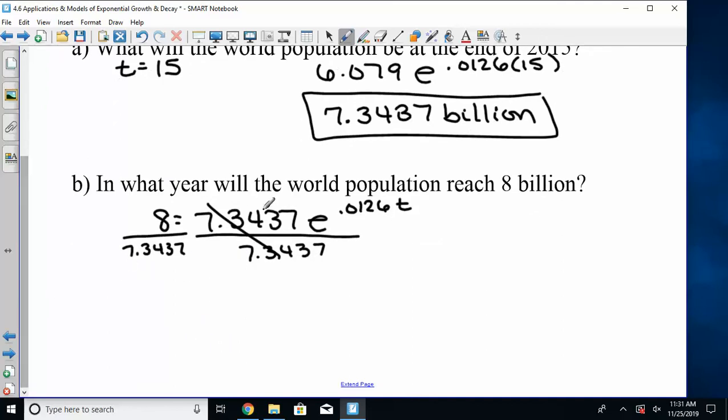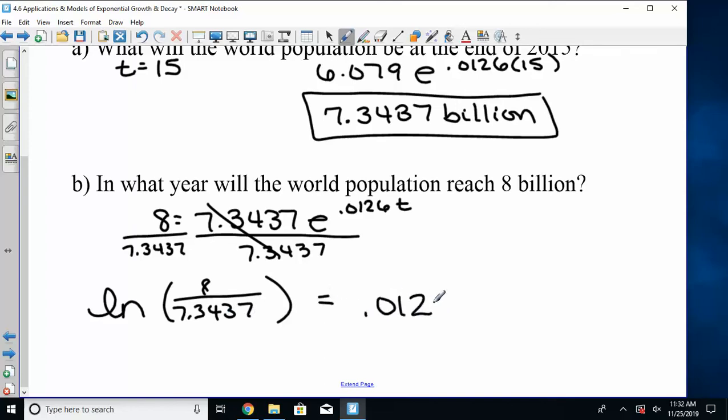I don't really want to round, so I'm going to leave that as a fraction right now. What would you do next? Add our natural logs. And the exponent comes down.